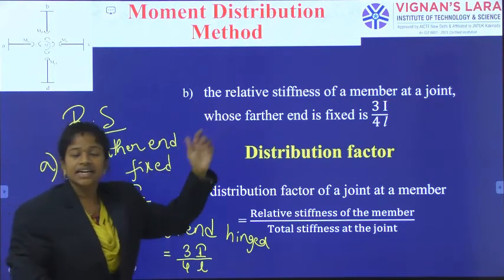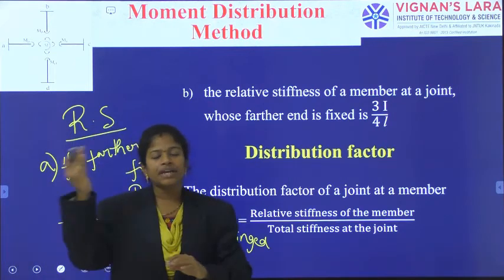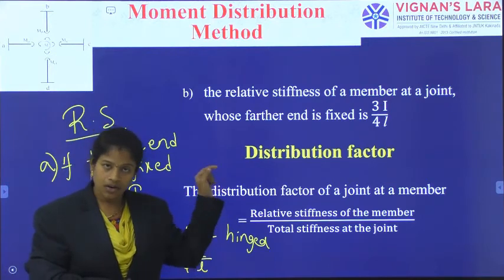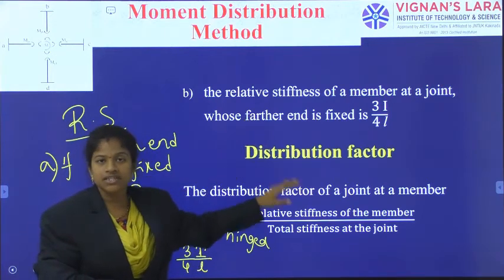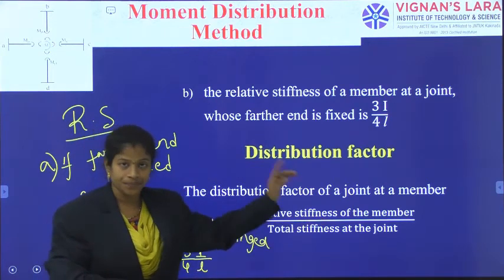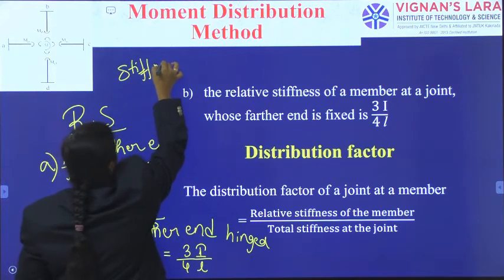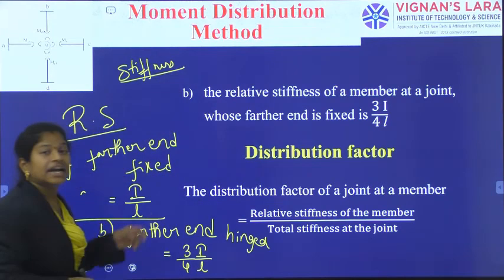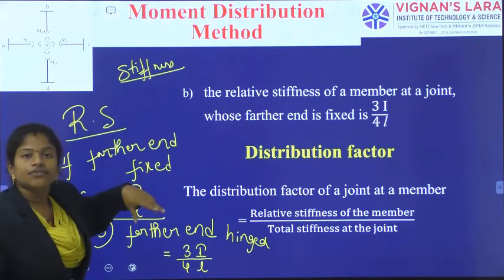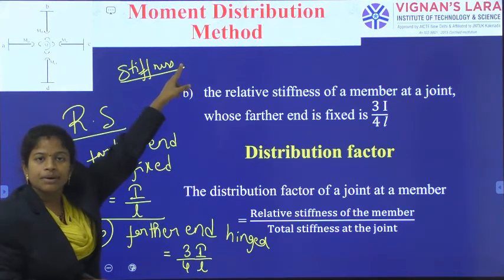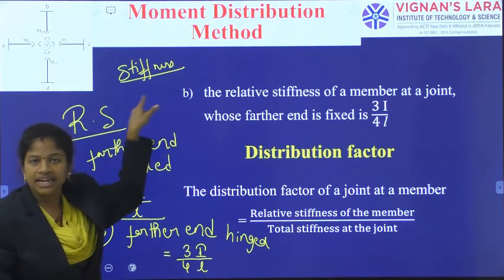So this is the relative stiffness term. In the previous step, we calculated using the stiffness of the members, but using relative stiffnesses also we can calculate the distribution factor. Using stiffnesses, how did we calculate? Stiffness of the particular member divided by stiffness of the total members at the joint.